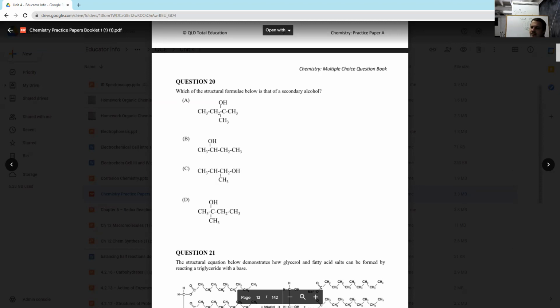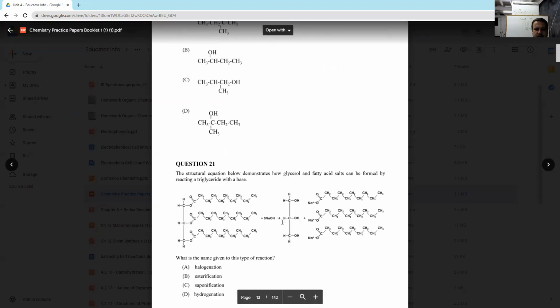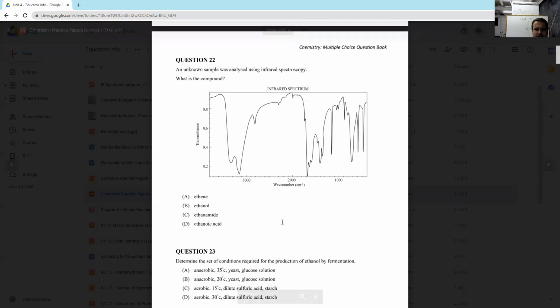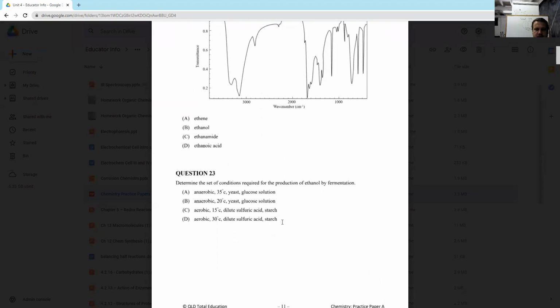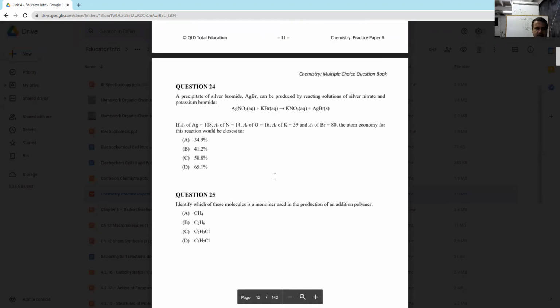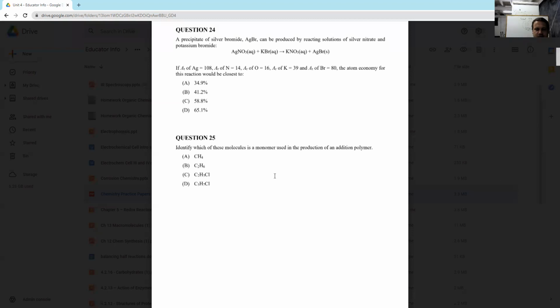So I found a mistake in this. Could technically be B or C. It's not going to be D because of the attached to 3. Okay, let's try and find one more question.